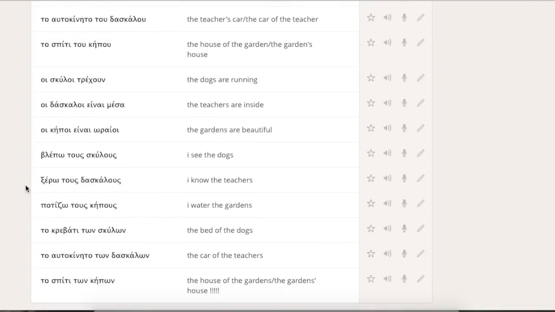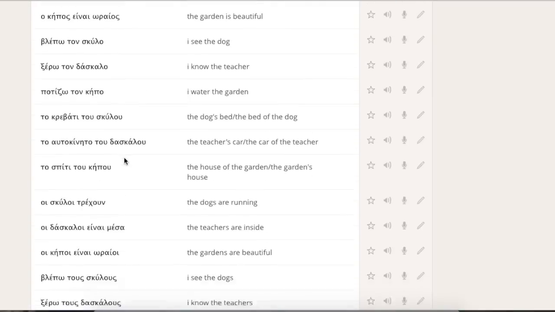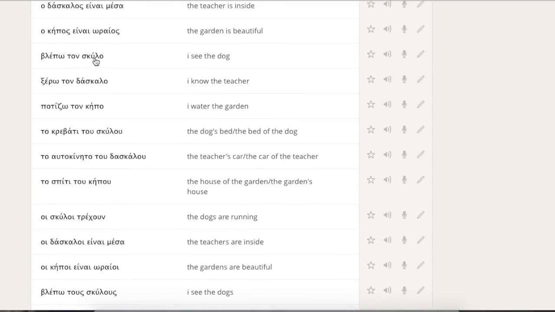Now, let's have a look at what happens when the dogs, the teachers, and the gardens are objects, okay? How do we say I see the dogs now? Βλέπω, I see, τους σκύλους. Before, it was τον σκύλο, the dog.